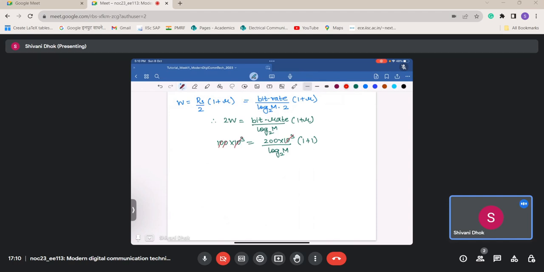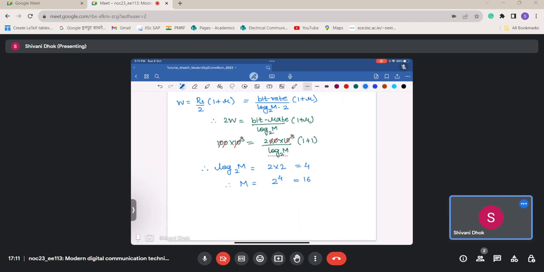I can cancel out these zeros also, and I can take this log m to the base 2 to the left hand side. So what do we have is, therefore log m to the base 2 is 2 into 2, which is equal to 4, and therefore m is equal to 2 raised to 4, which comes out to be 16.